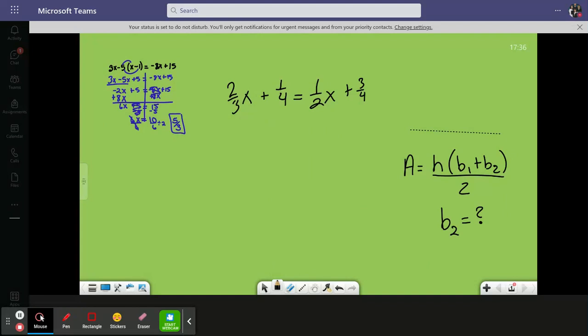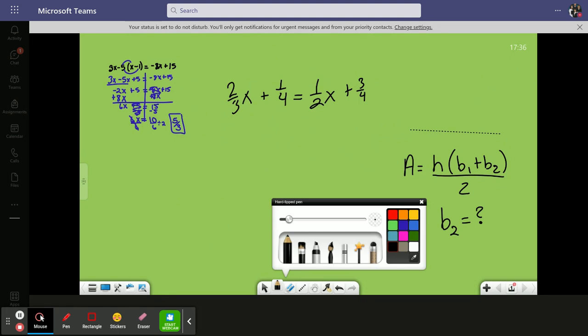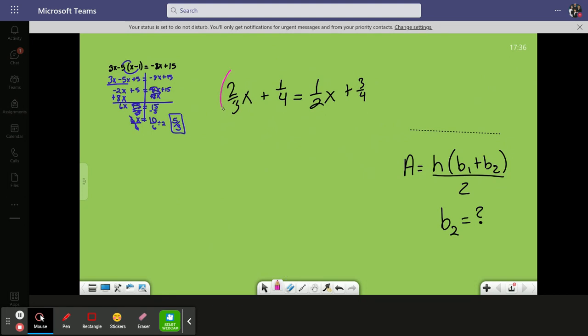Common denominator, right? What is the smallest number that I could divide by 3, 2, and 4? 12. Yeah, right? 3 goes into 12, 2 goes into 12, and 4 all go into 12, right? So here is where I'm going to want to wrap the whole thing and distribute a 12, okay?